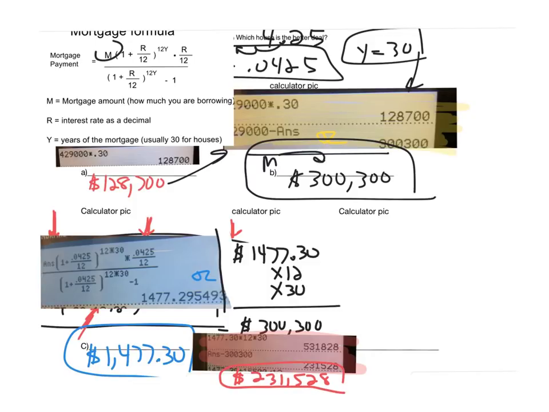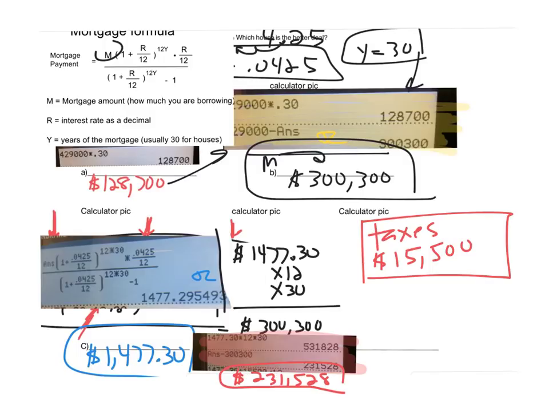And now we're going to figure out, including the taxes, how much this Baldwin payment is going to be. The taxes, they told you, for this Baldwin house are $15,500, and again, that's per year. So what we'll do is take the $15,500 and divide it by 12 to figure out how much the taxes are then per month.